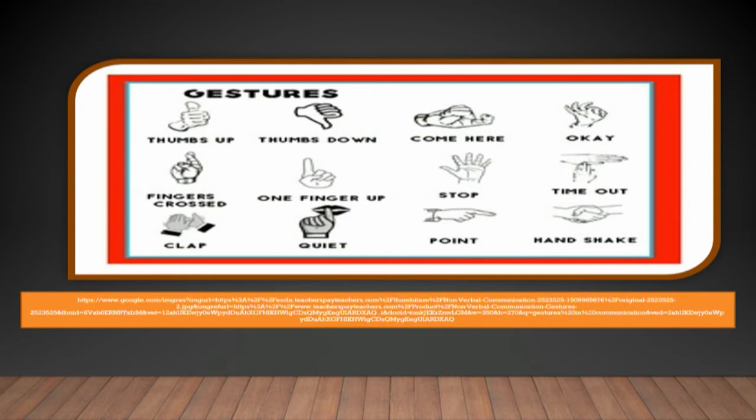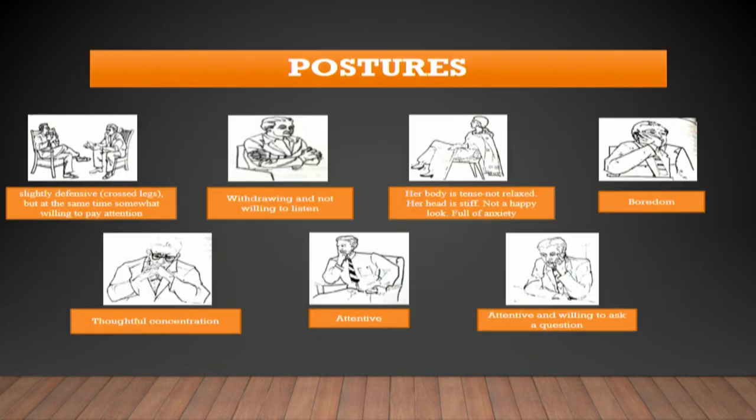One finger up conveys a meaning. Stop conveys a meaning as well. Time out also conveys a particular meaning. Clapping, quiet, pointing towards someone, which is very negative. When you start pointing at somebody, that is not good. You should not point at people. Handshake. So these are all the gestures of communication.